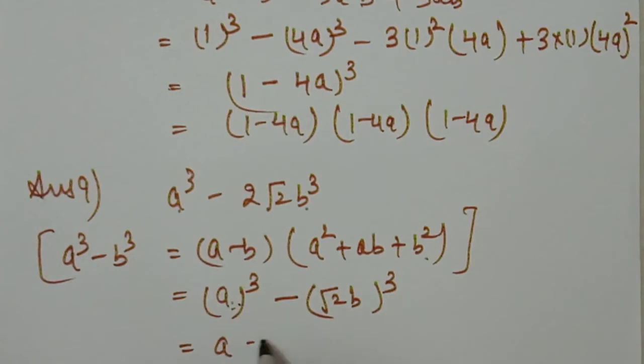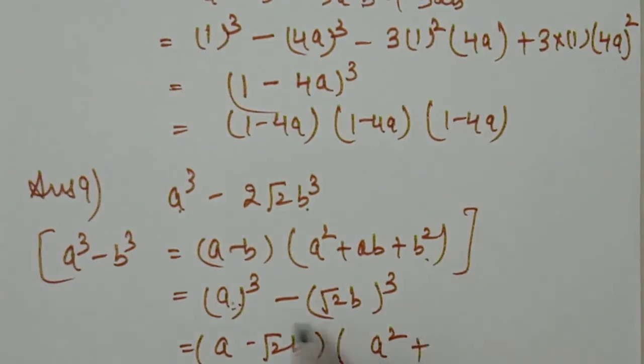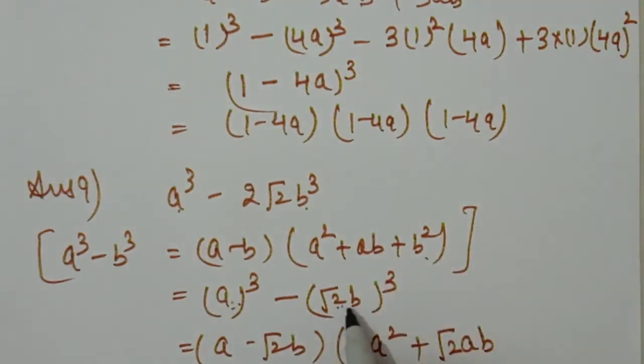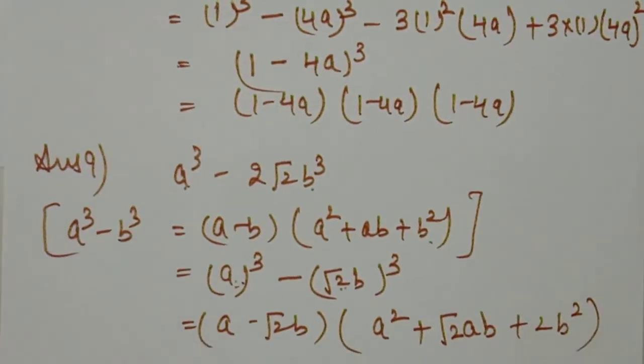It is a minus b and a square plus ab. When we will multiply, it is root 2ab and then b square. B square means (root 2b) square. Then it is 2b whole square. This is your answer of question number 9. So student, this is your part 1.